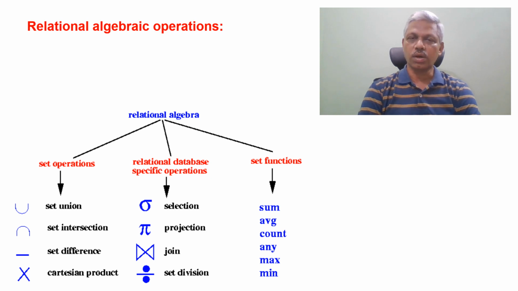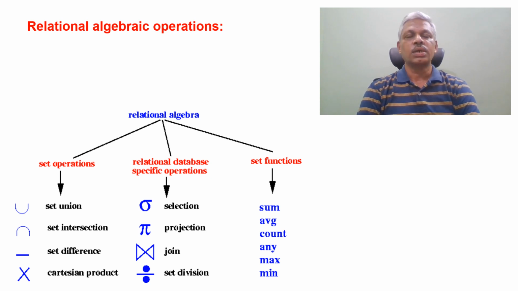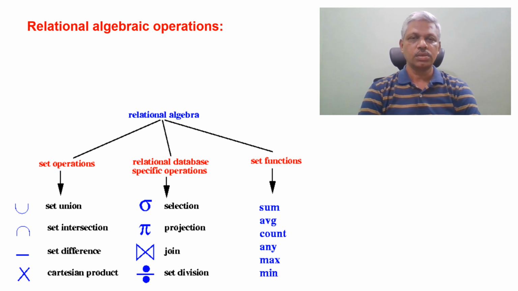To select specific columns, we have the projection operation. And a special case of cross product is called joins. Several types of joins are also described. Apart from that, set functions can also be done like sum, average, count, any, max, or min. So by a combination of these operations in the required order, we can produce the answer whenever data is present in the given set of tables for a given query.